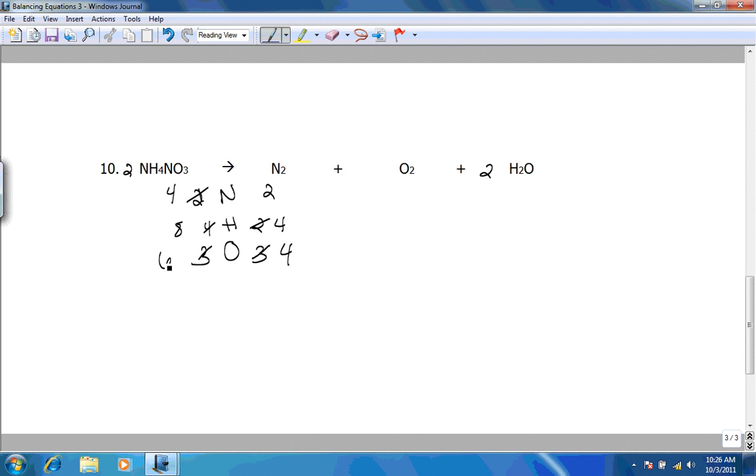And we have 6 oxygens now. Okay, so I'm going to multiply this nitrogen by 2 to make that 4. Hydrogens, we have 8 over here. That means I need to multiply this side by 4 to make that 8. That changes our oxygens too. We have 4, 5, 6 here now. And that's actually all balanced out now.